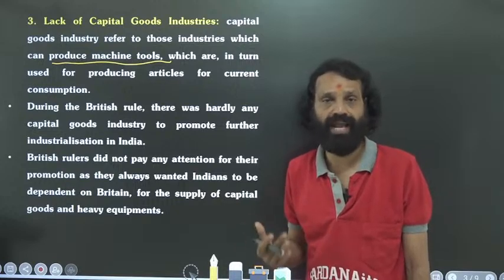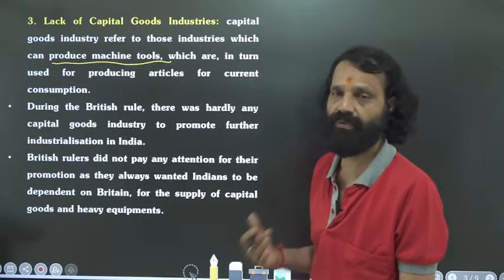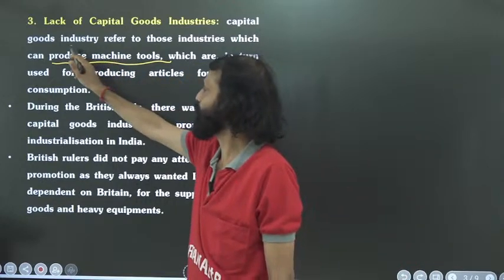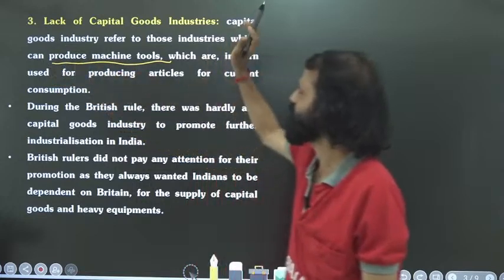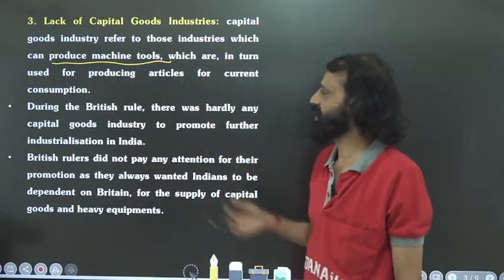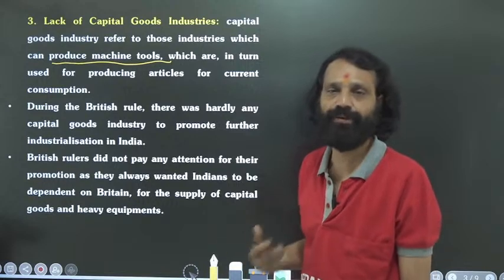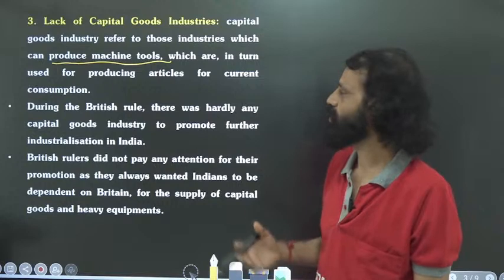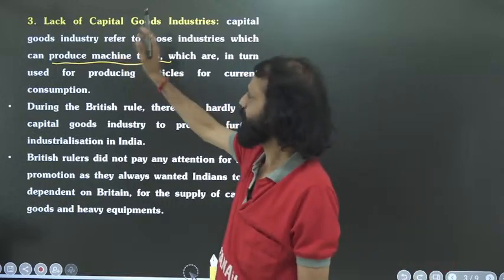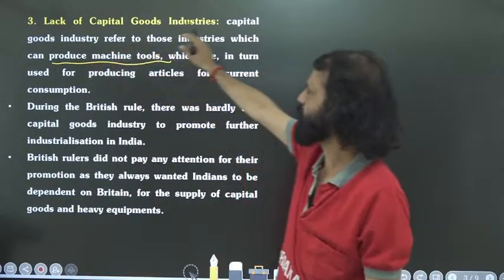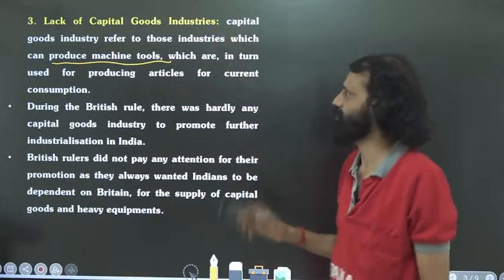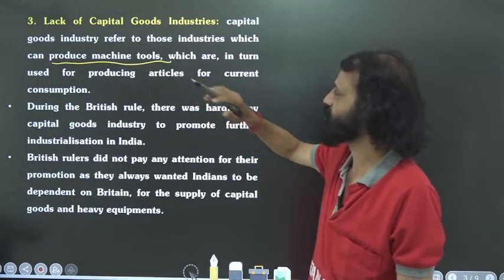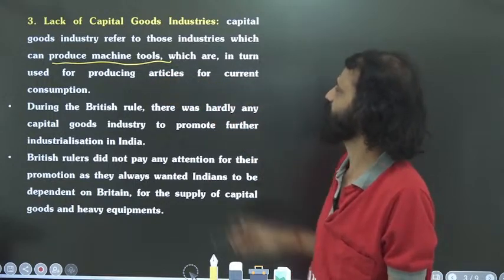We need professional as well as skilled laborers who can use and produce machines properly, and technicians who can use machine tools very well. That did not happen at that time. The capital goods industry was not sufficient in our country.